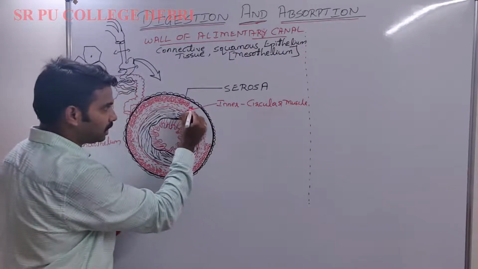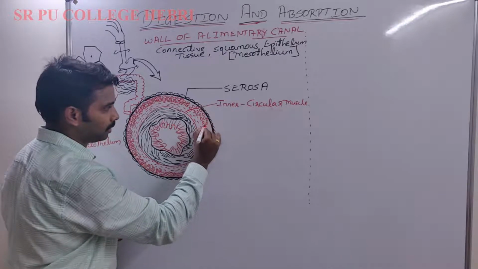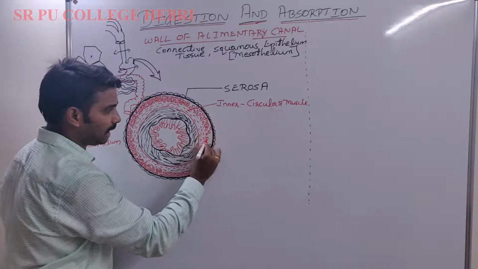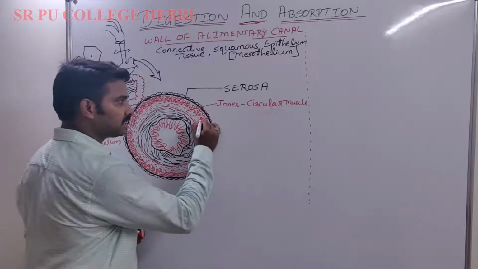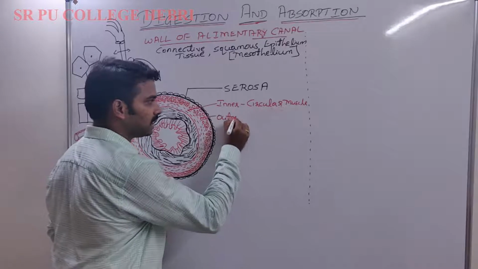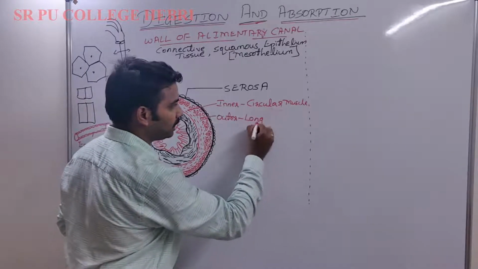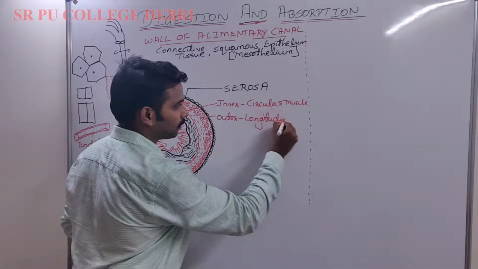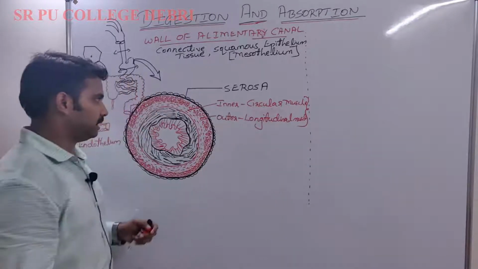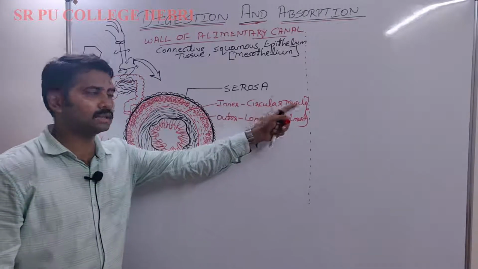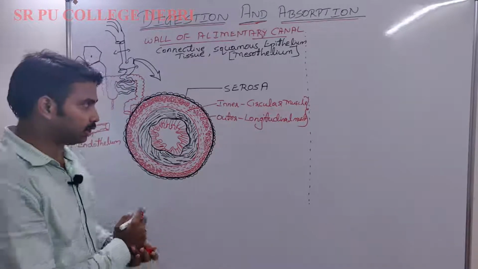Whereas the outer, which is visible here, it is also a muscle. Which muscle? Smooth muscle. The muscle layers are inner circular, outer longitudinal. I repeat, the inner circular smooth muscle layer is a smooth muscle, circular in nature.